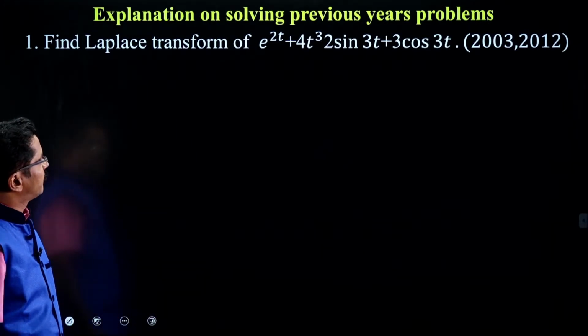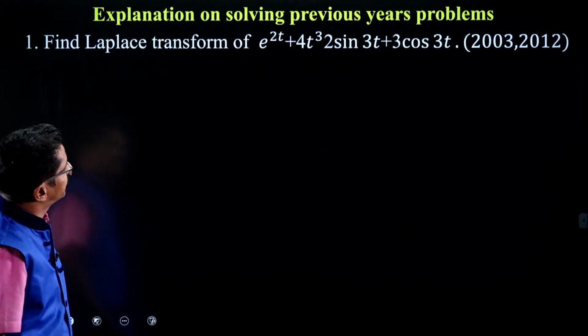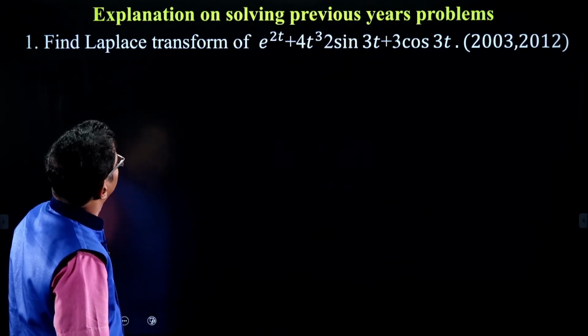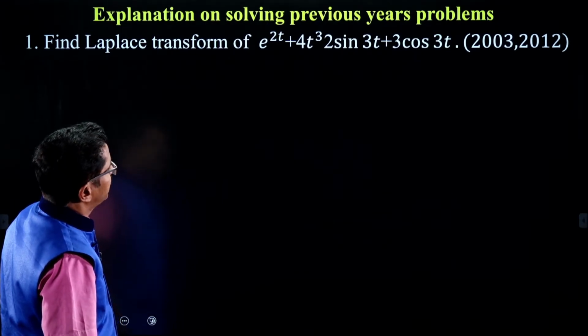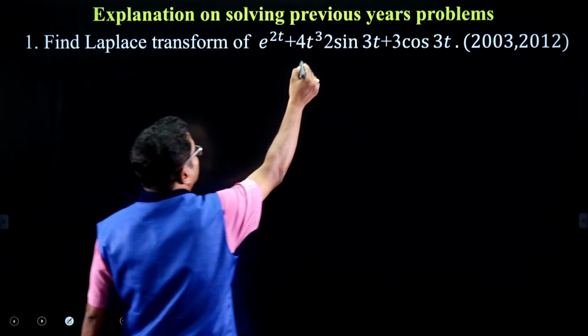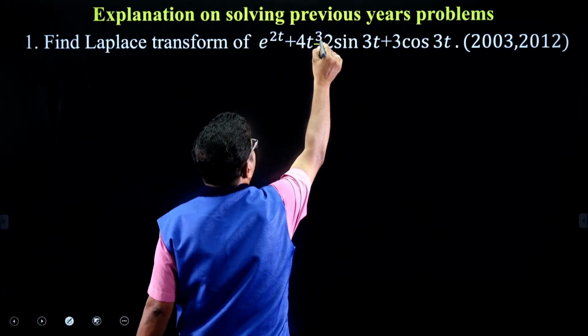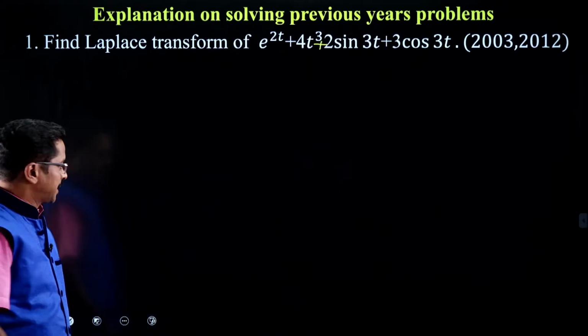The problem is L of e power 2t plus 4t cube plus 2 sin 3t plus 3 cos 3t. Here the plus should be a small correction, plus 2 should be right.